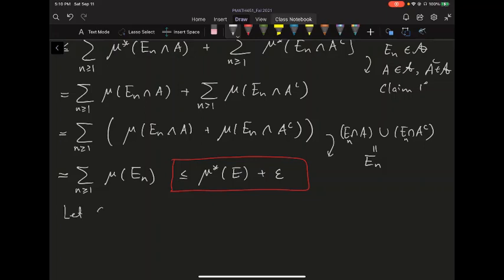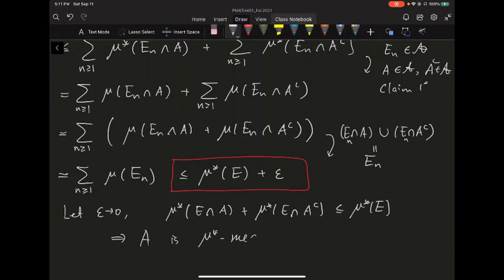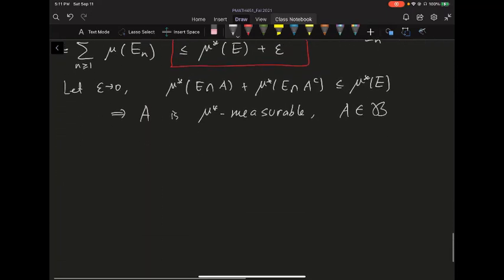So let epsilon go to 0, and it is less than or equal to mu star of E. This shows that A is actually mu star measurable. Another way of saying A is mu star measurable is to say A is inside the sigma algebra B of mu star measurable sets.